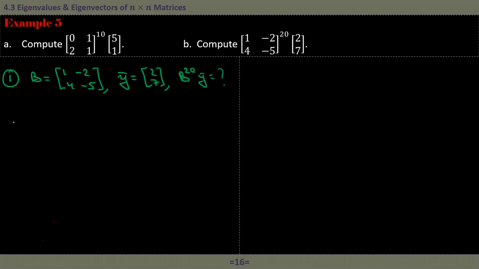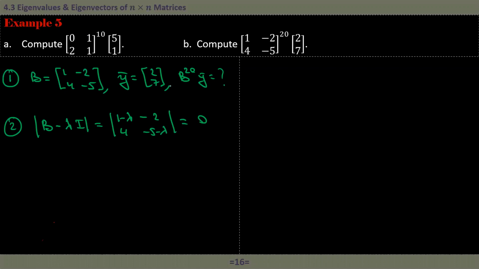As you know, first we need to find the eigenvalues of this matrix. To do this, we need to evaluate the determinant of B minus lambda I, which is 1 minus lambda, -2, 4, -5 minus lambda, equal to 0.